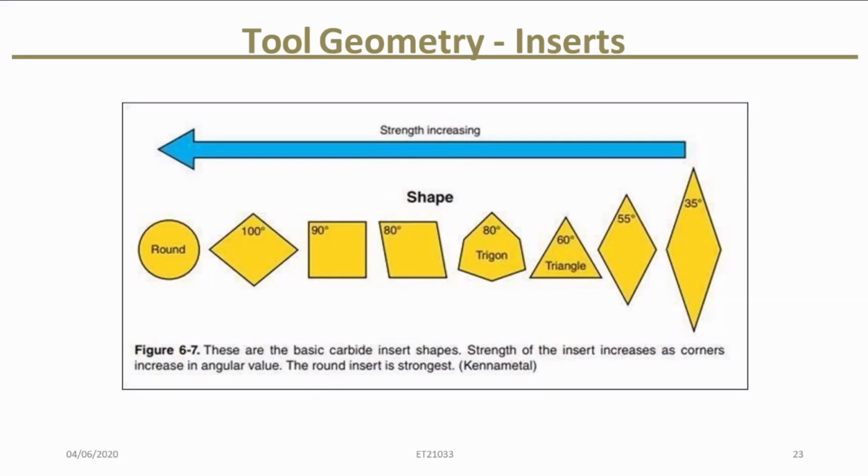You can see the strength of the cutting tool is increased with the angle of this surface. These are the basic carbide insert shapes. The strength of the insert increases as the corners increase in angular value. The round insert is strongest.